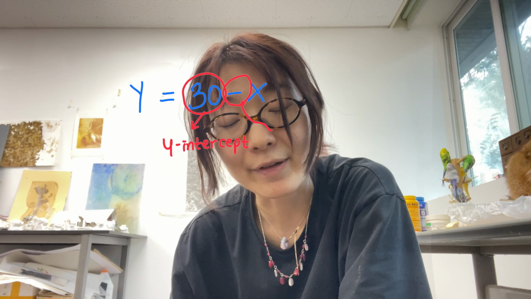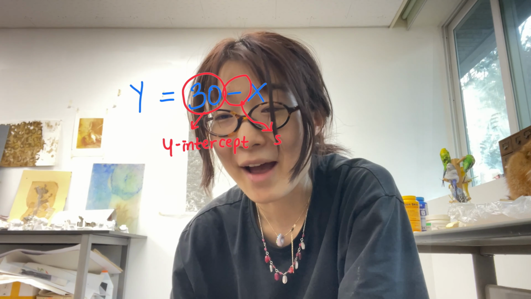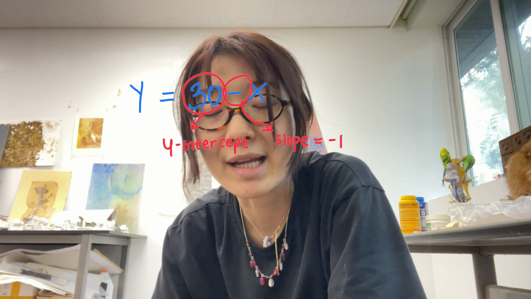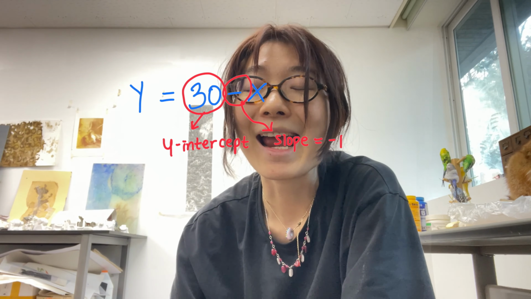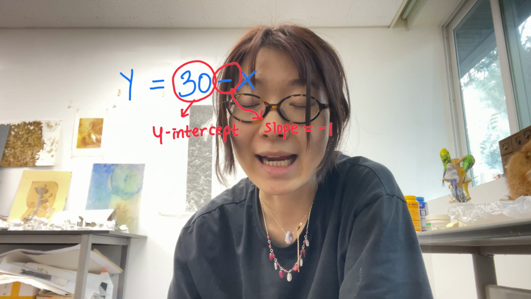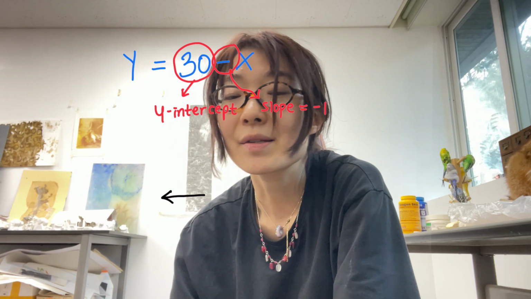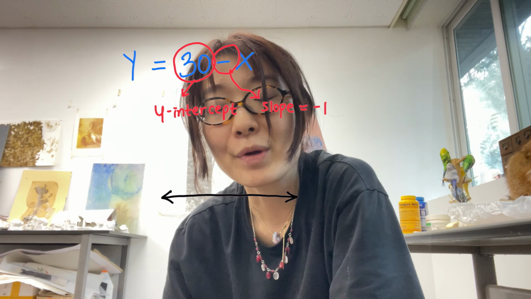Now, what do we have here? We have our constant 30, also known as the y-intercept, and then we have -1 as our slope. So let's go ahead and graph it. What do we notice?